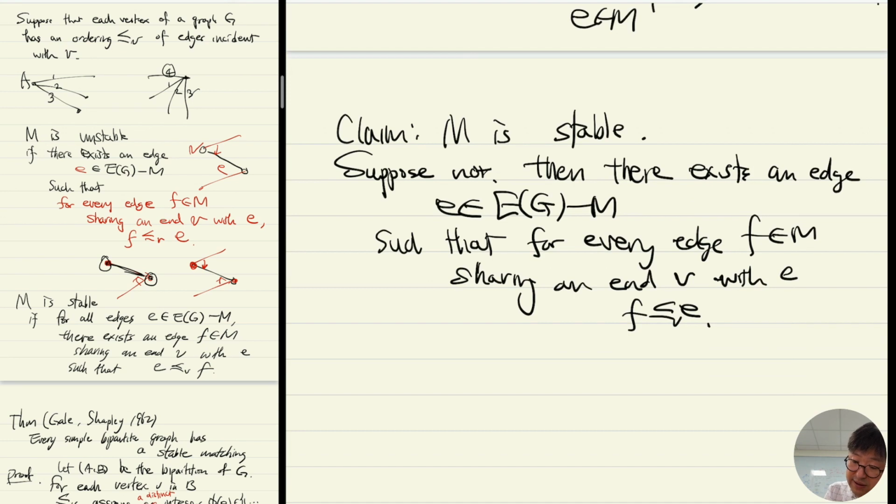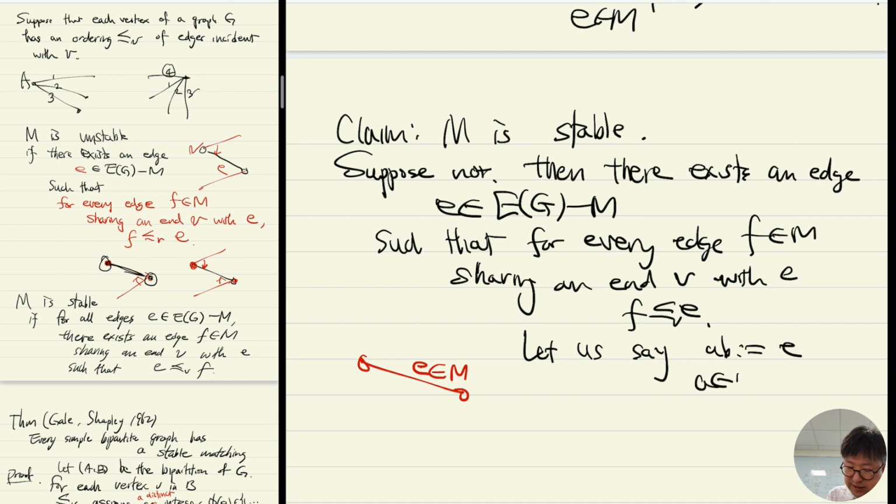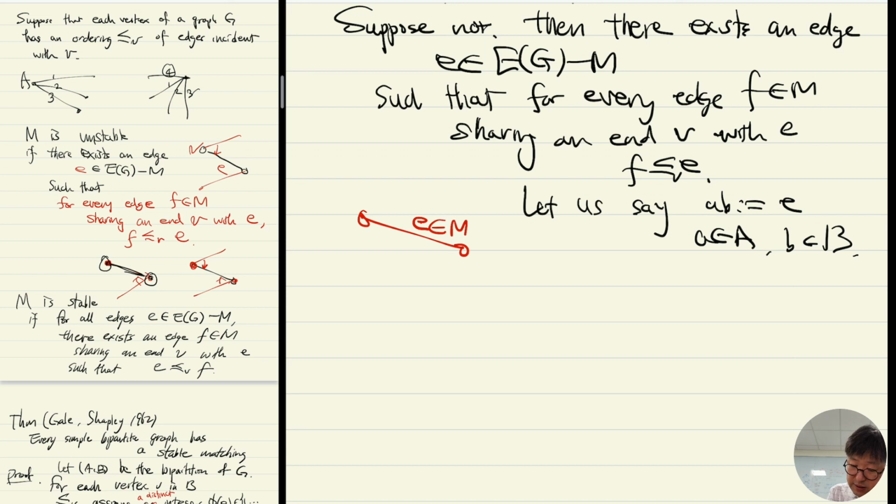Okay, so we find some edge E not in the matching. And let's say AB is equal to E, so A is on the A side and B is on the B side. So this is AB.